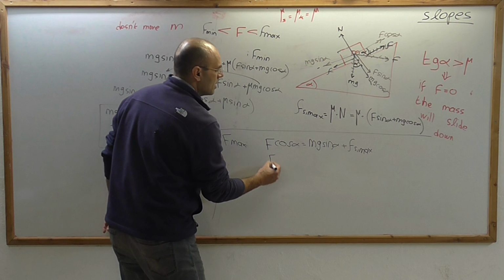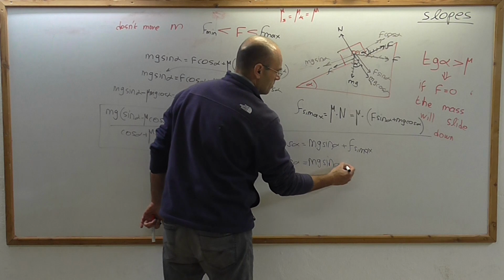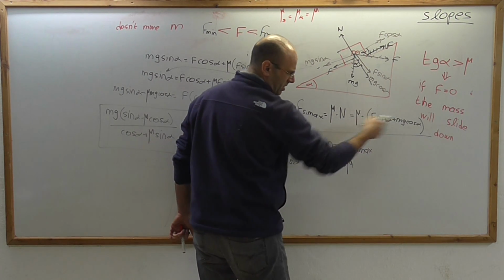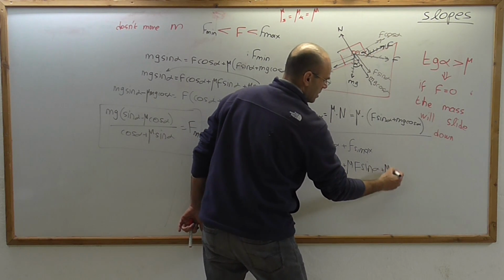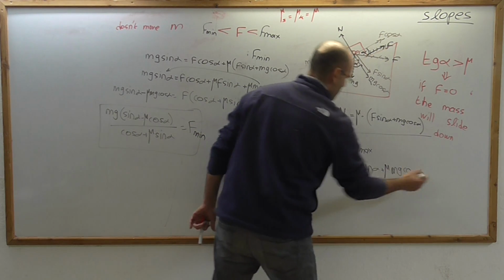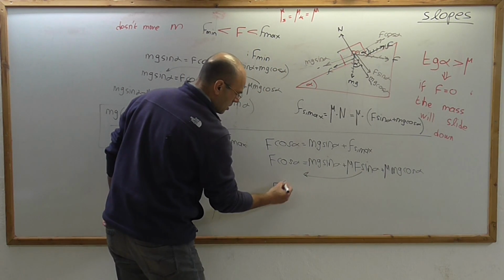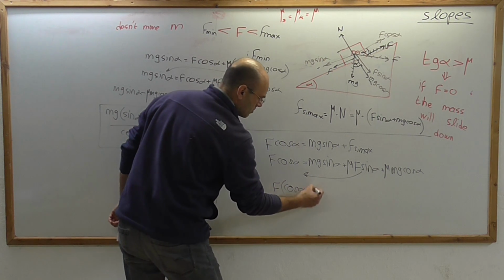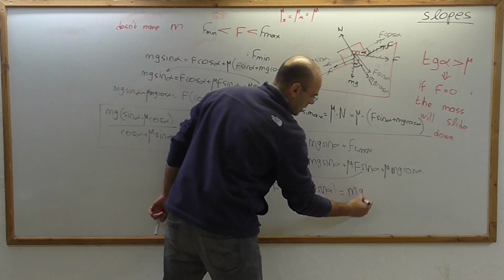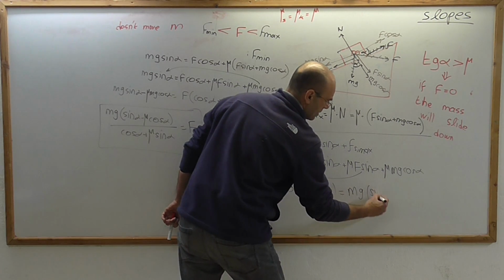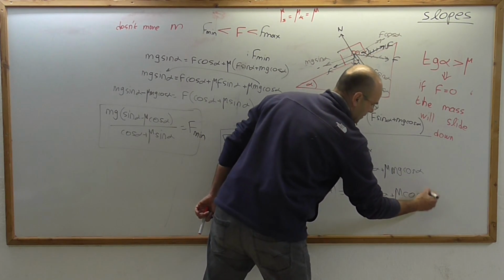Let's solve it. F cosine alpha equals mg sine alpha plus mu, I'm opening the brackets here, mu F sine alpha plus mu mg cosine alpha. Now I'm moving this one there and I'm pulling the F out, so it's cosine alpha minus mu sine alpha equals, I'm pulling mg out here, so it will be sine alpha plus mu cosine alpha.